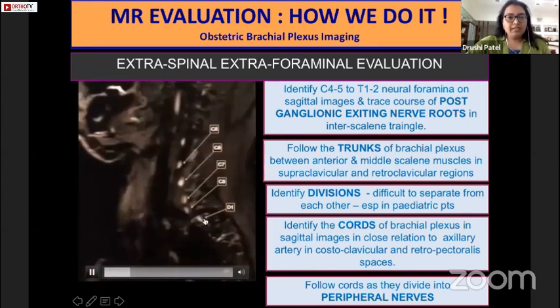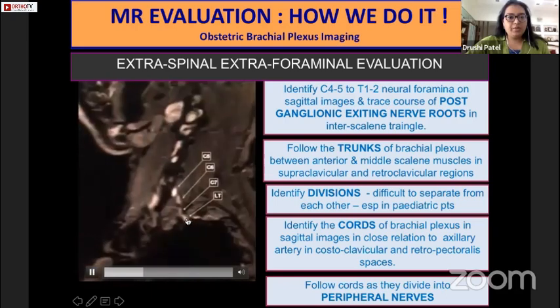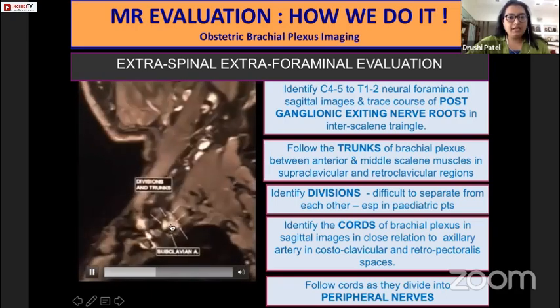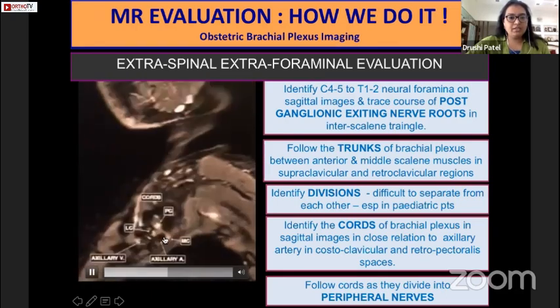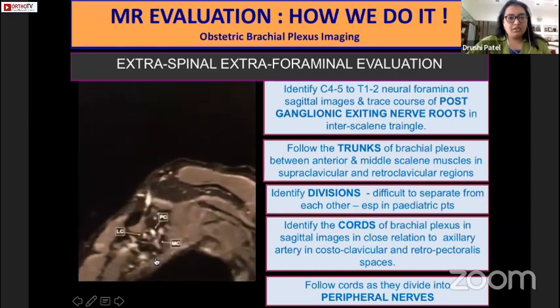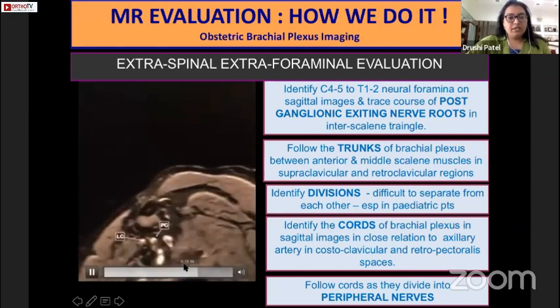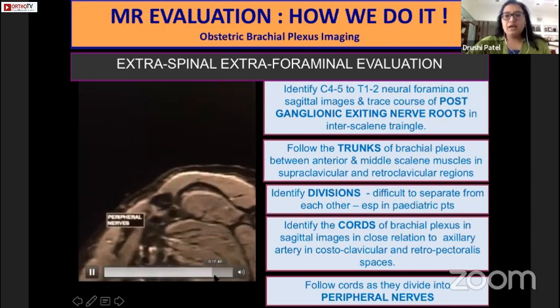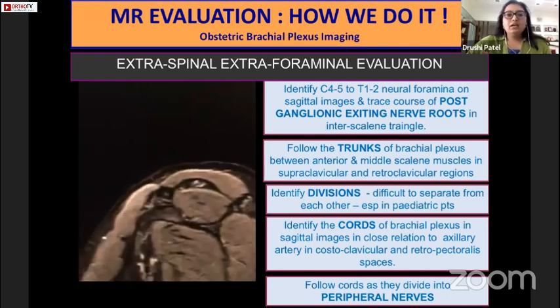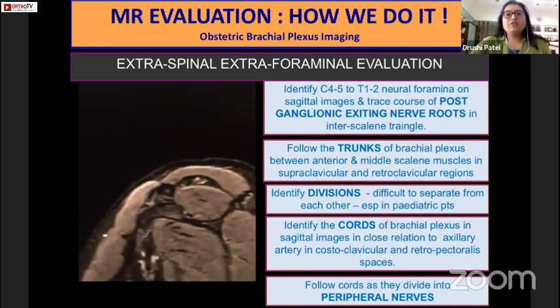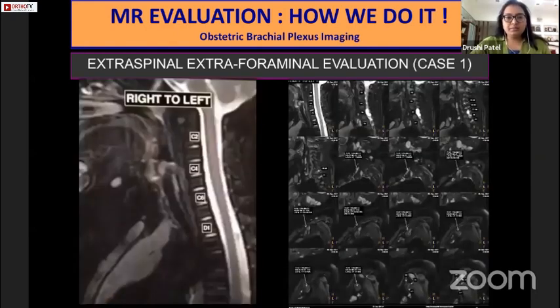We can see all these exiting nerve roots coming from the neural foramina in the interscalene triangle, uniting, forming upper trunks, divisions, and then again cords. That is the lateral, posterior and the medial cord. So that is how we trace the postganglionic nerves from the exiting nerve roots towards the cord in sagittal images.